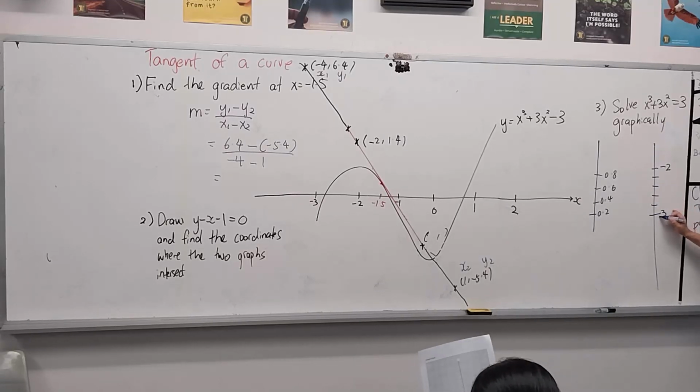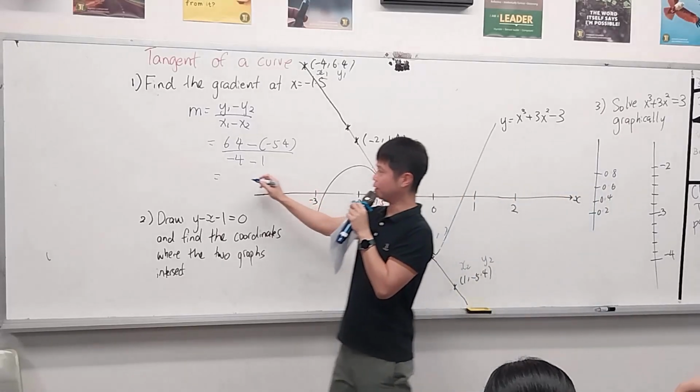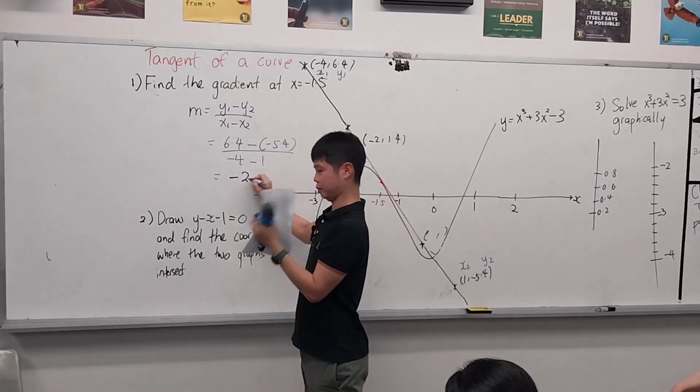Then it's negative 3. Negative 3.2, 3.4, 3.6, 3.8, and then negative 4. You see, I drew for you negative 2 and negative 4, right? The rest you've got to read as 0.2 each. That's why you got it wrong. The actual answer should be around negative 2.